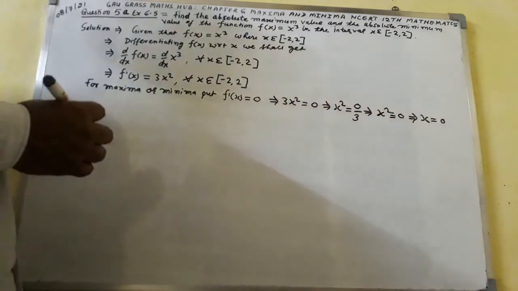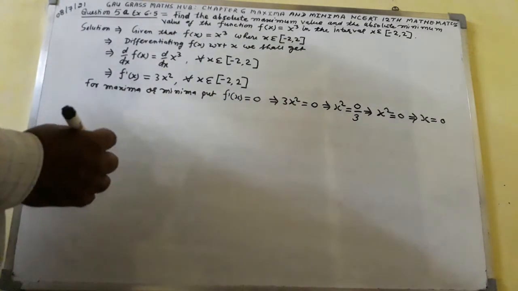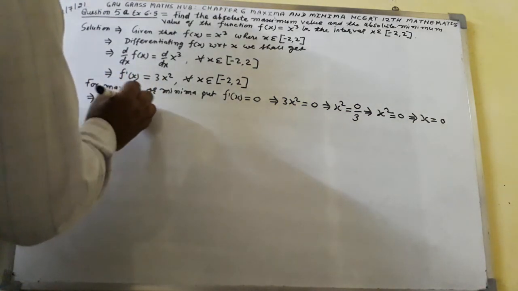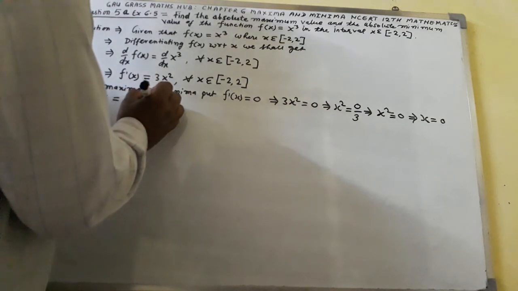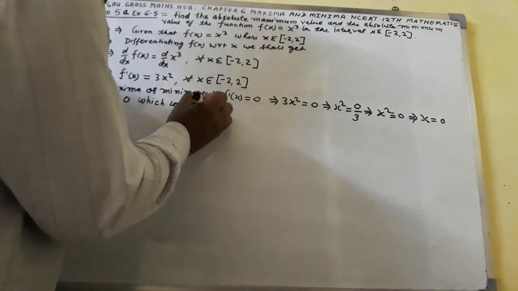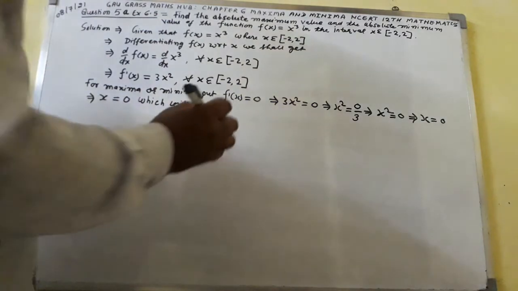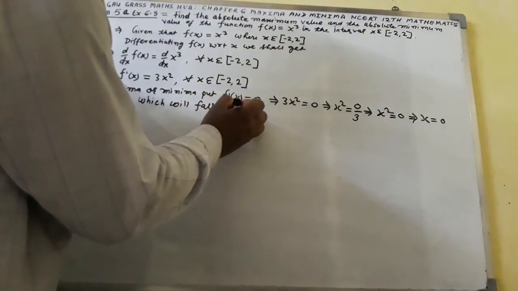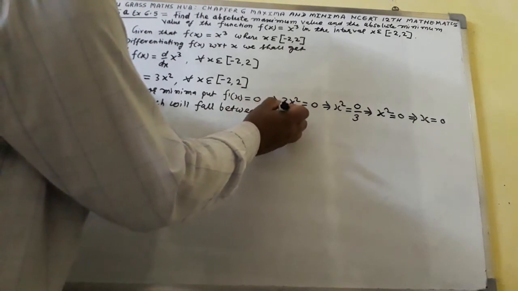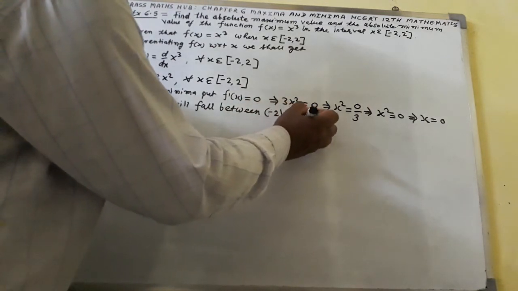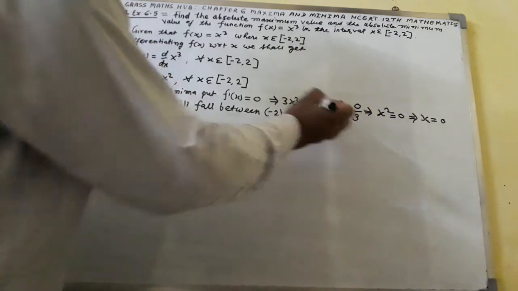So here again I shall write, implies that x equal to 0, which will fall between minus 2 and 2.